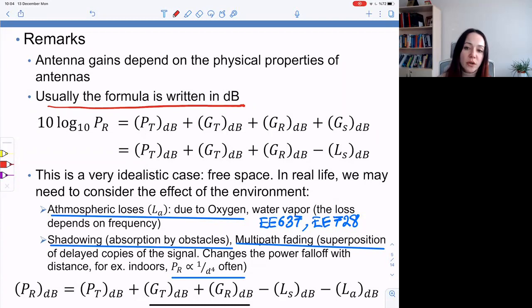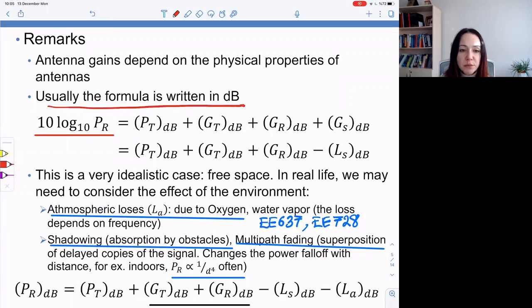If you go to a log domain, it becomes easier to handle. So received power in dB is 10 times log to the base 10 of the received power in your power unit.